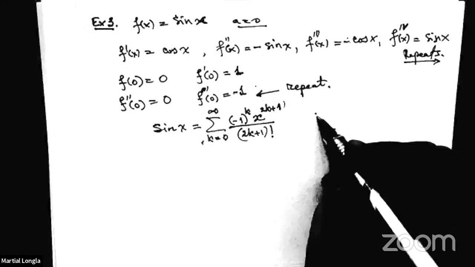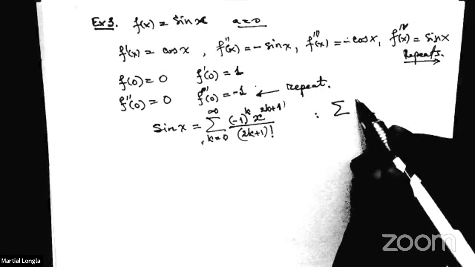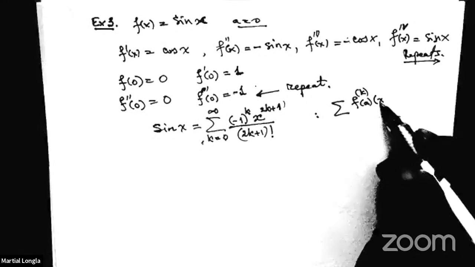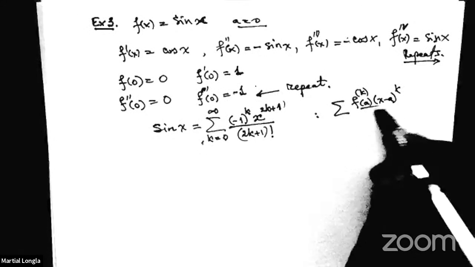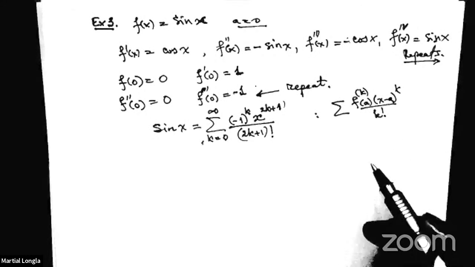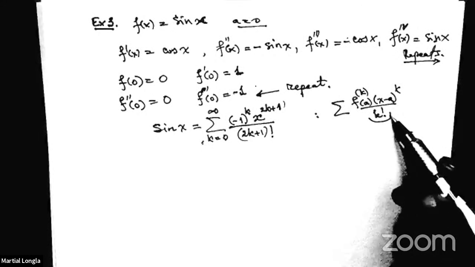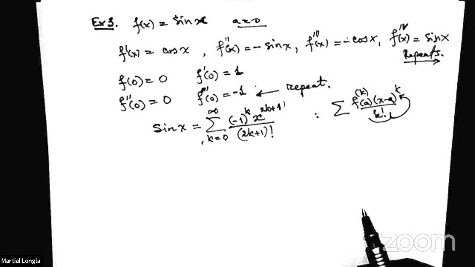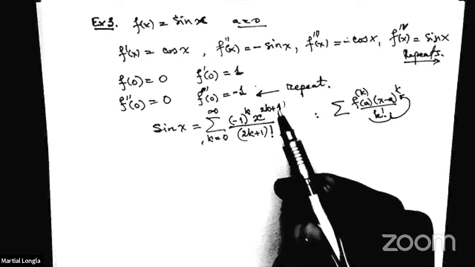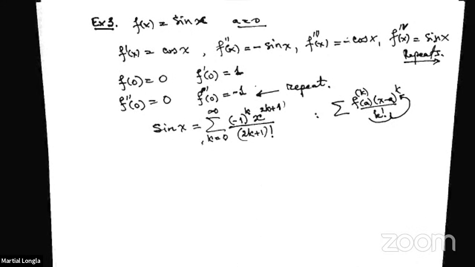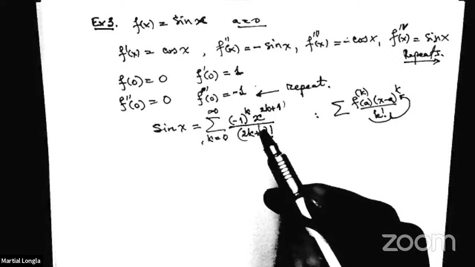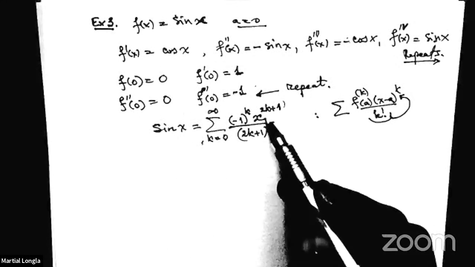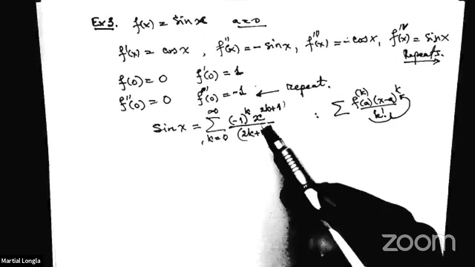Remember, the formula is the sum of the kth derivative at a, x minus a to the power k over factorial k. So the factorial always goes with the power that you have. That's why we get factorial 2k plus 1, because we got the power 2k plus 1. And now this incorporates the fact that all the even ones are 0, because there's no even power here. You can see there's no even power, right?